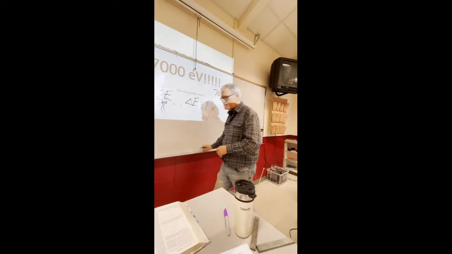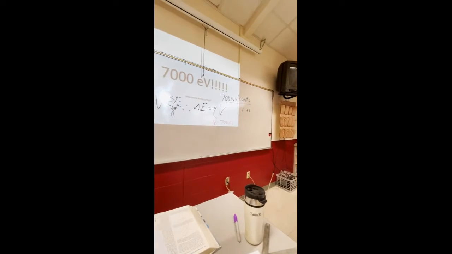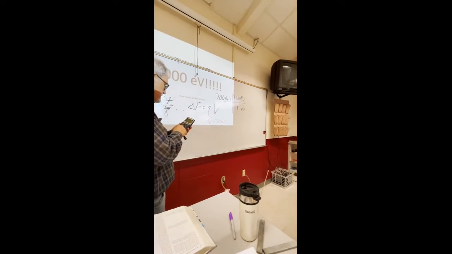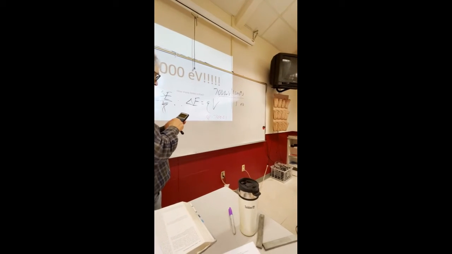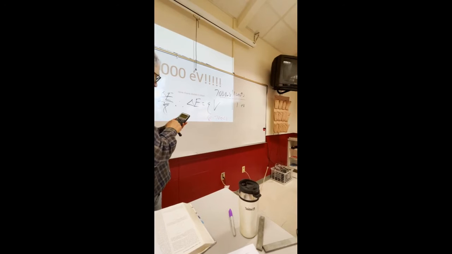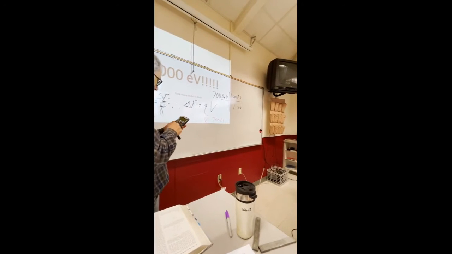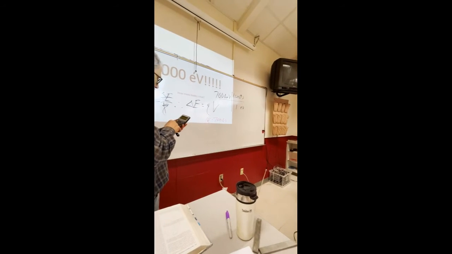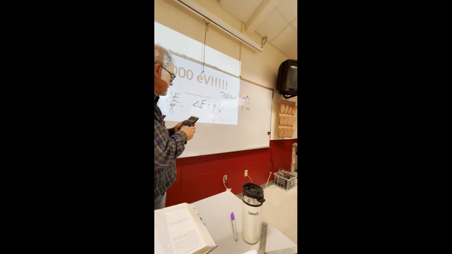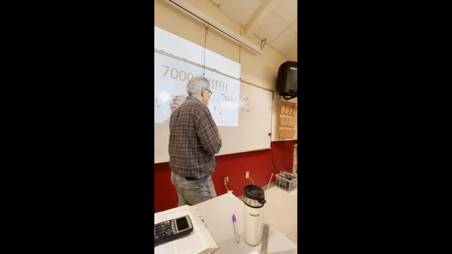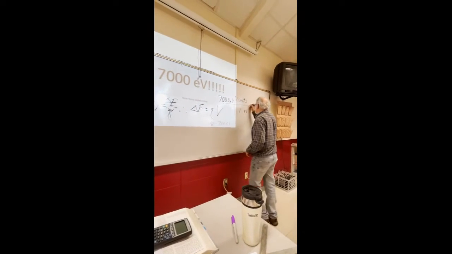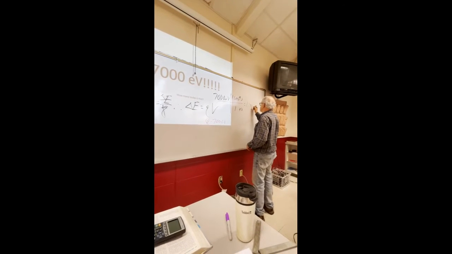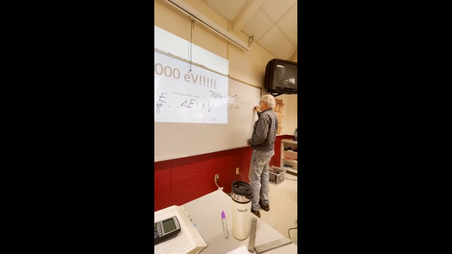And we could calculate it. 7,000 times 1.60 times 10 to the negative 19. And that's 1.1 times 10 to the negative 12 joules.